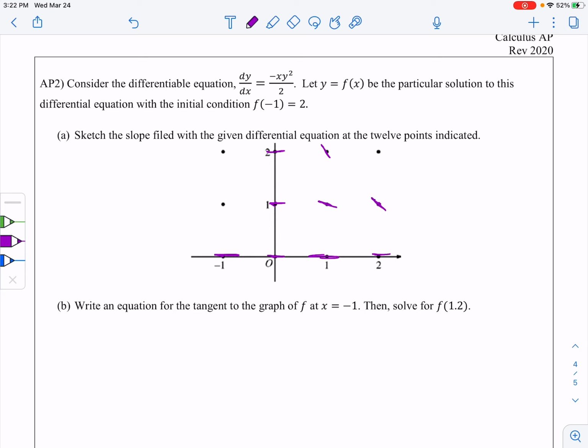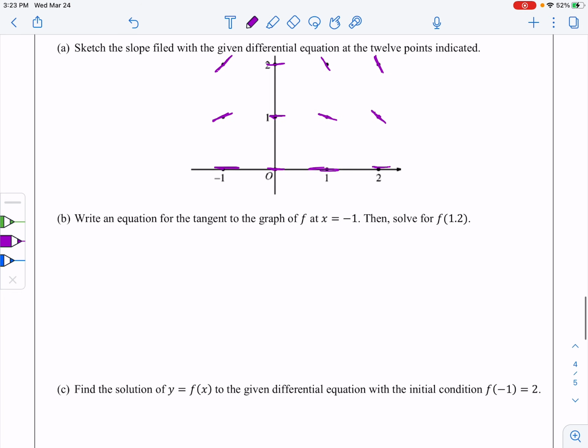And I have 2 and 2, so 2 squared is 4 times 2 is 8, and it's negative, so that's negative 4, so that one's really steep. Negative 1, so this becomes 1 times 1, so that's a half, so that's this way. And you have 1 times 4 is 4, over 2, so that's this way. And then you're done. Took care of that part.